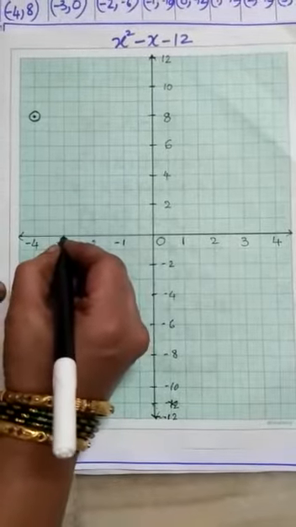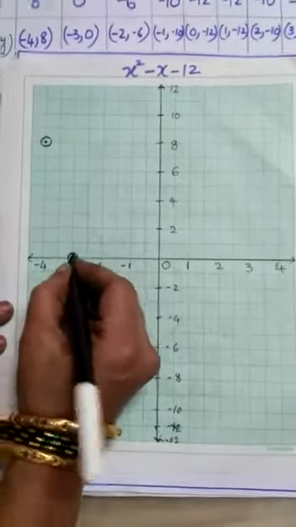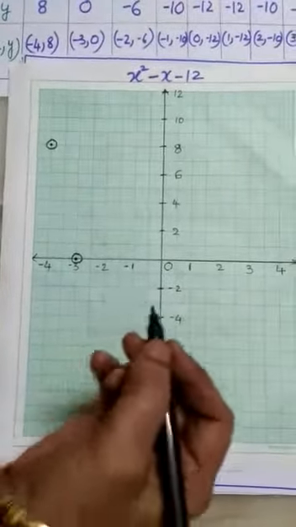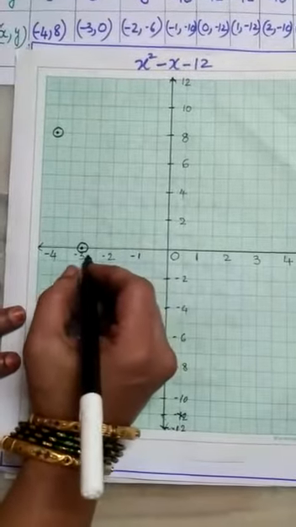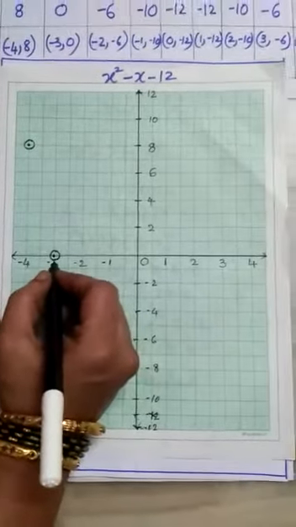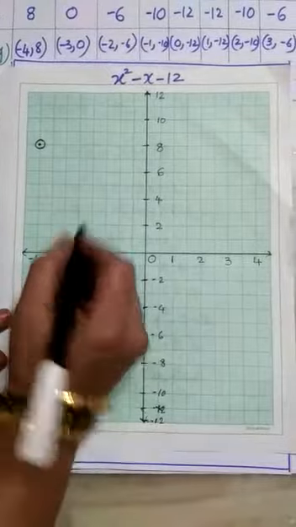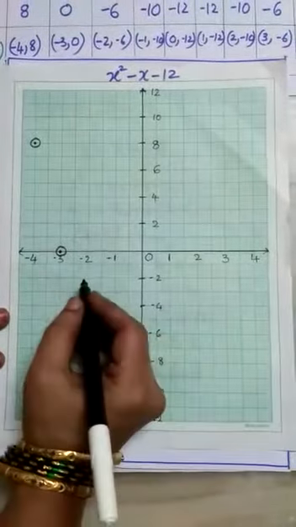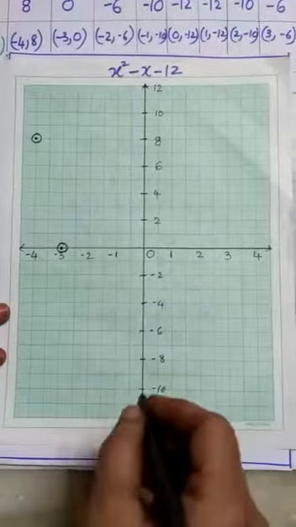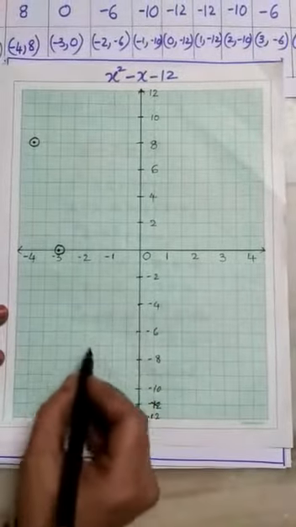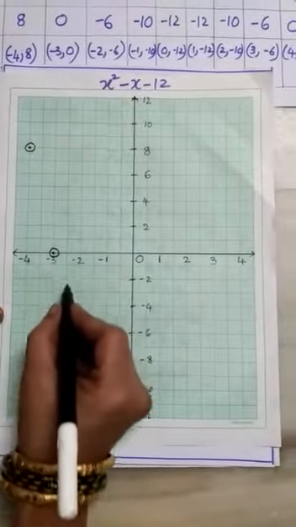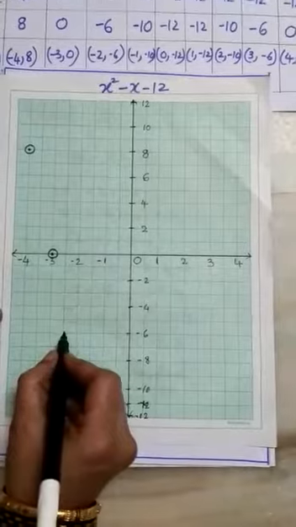So y 0 means you will get a point on the x-axis. So it is minus 3 in the negative direction of the x-axis. The next one is minus 2, minus 6. X is minus 2 and y is minus 6. The coincident point is here.